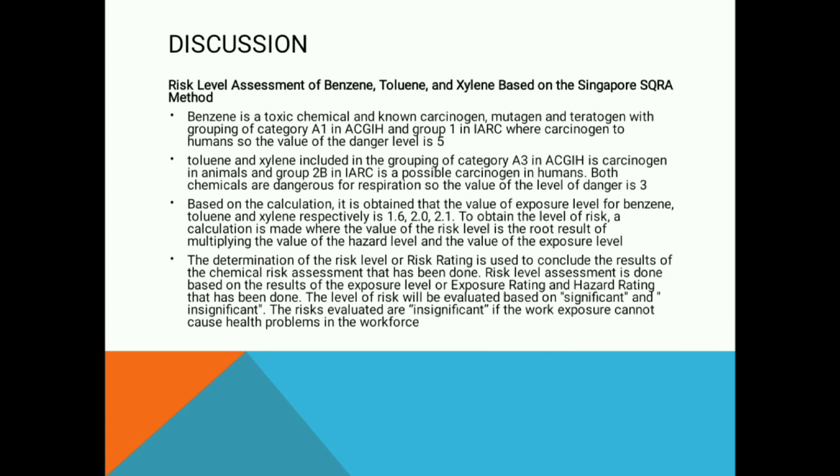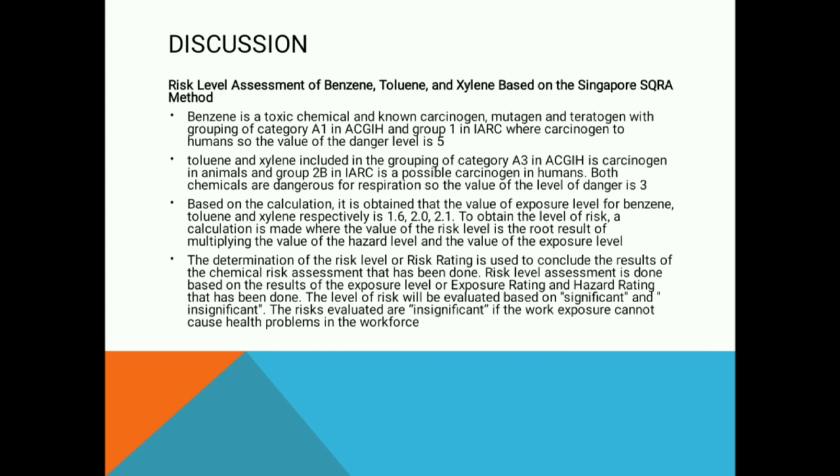Based on the calculation, the values of exposure level of benzene, toluene, and xylene are respectively 1.6, 2.0, and 2.1. To obtain the level of risk, a calculation is made where the risk level is the root result of multiplying the hazard level and the exposure level.